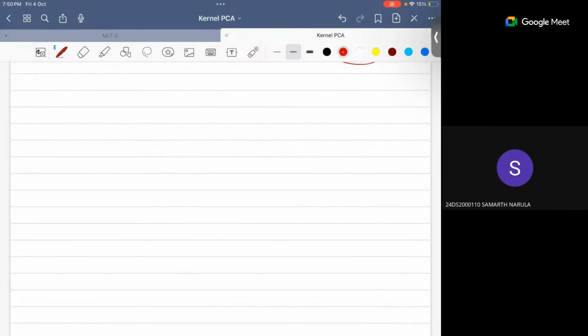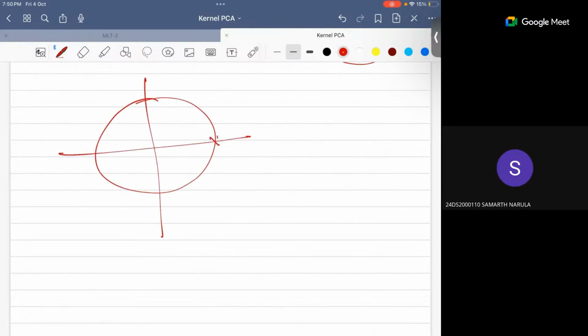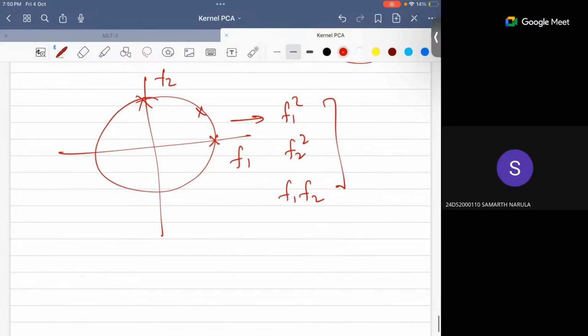Correct? In the starting I was telling you there was a data point in the form of a circle, with features f1 and f2. Let's say I took f1 square and f2 square, the dimension here is the same, but let's say I took one more feature, f1 f2 also, so now the dimension is 3. Let's say the data point has the value 1 and 2.